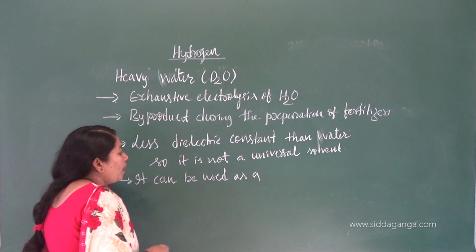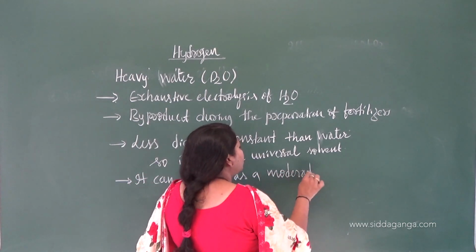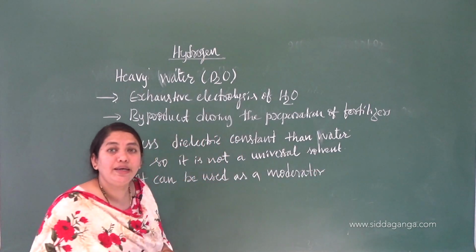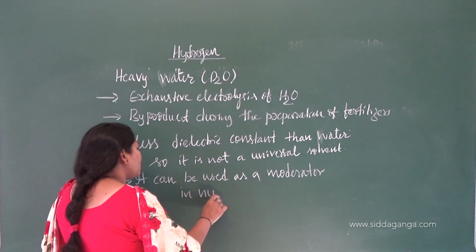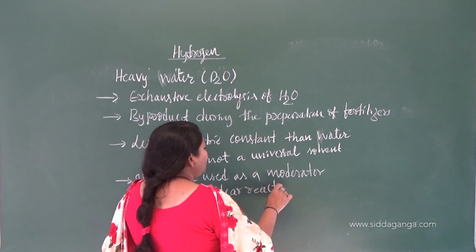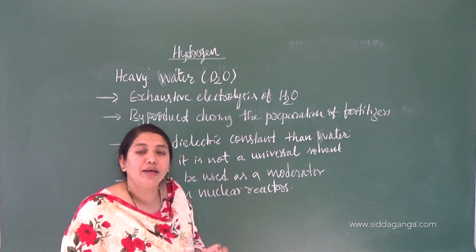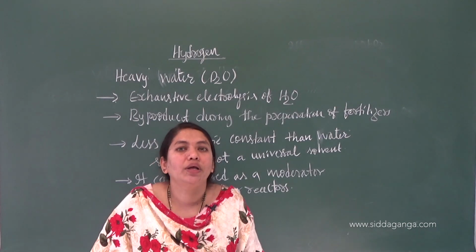Then if you come to its uses, it can be used as a moderator in nuclear reactors. What is the function of these moderators? They control the speed of neutrons which are produced during nuclear reactions.